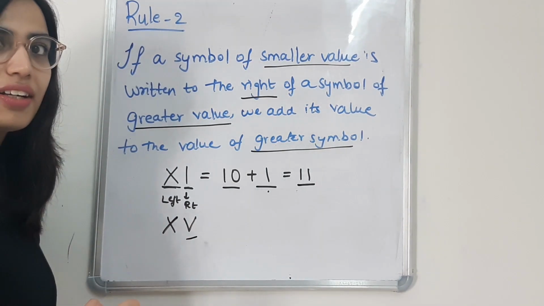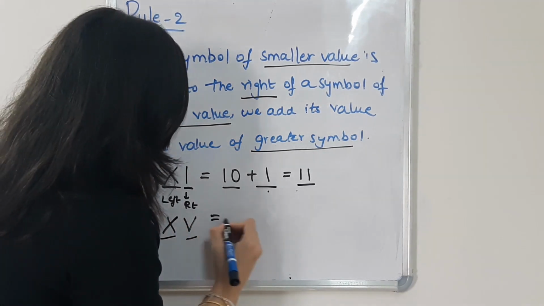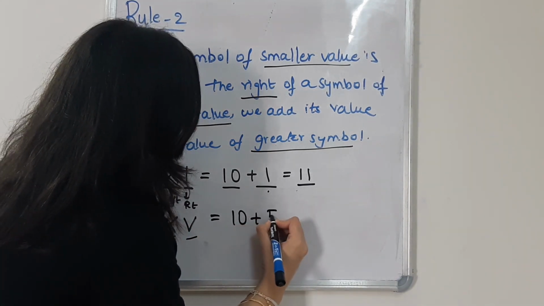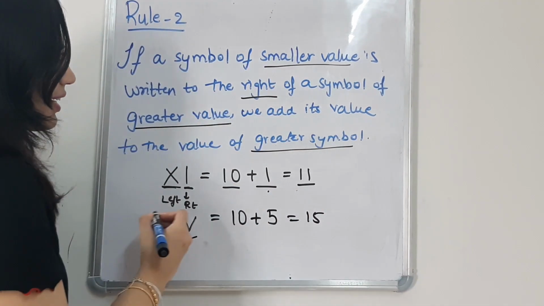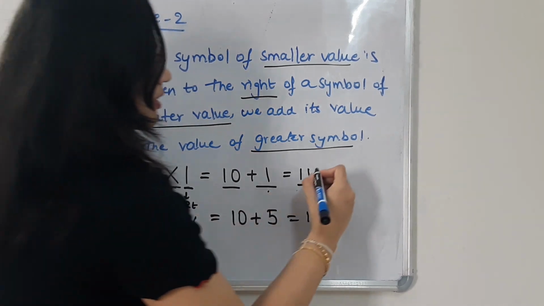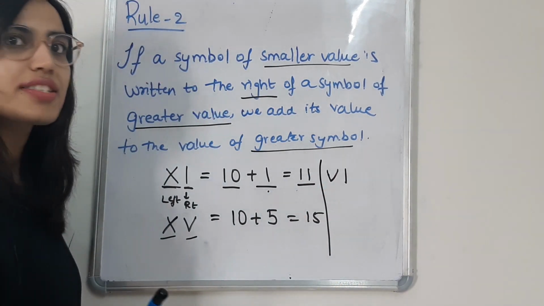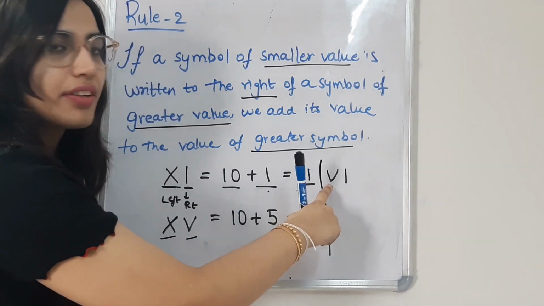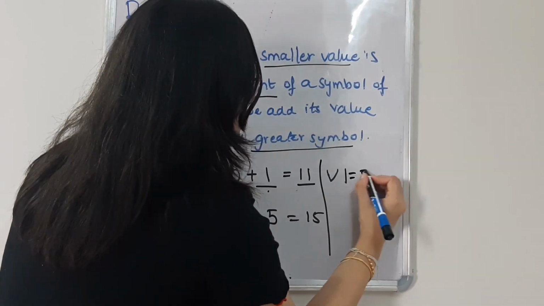V, that is 5, and this is 10. So can we write this as 10 plus 5? 15. Okay? In the same way, this is 5, and this is the smaller value 1. So can I write this as 5 plus 1?